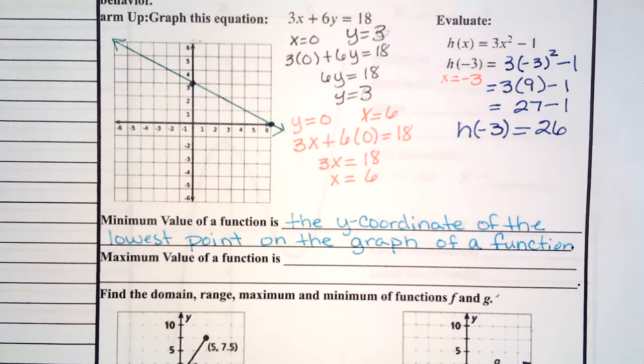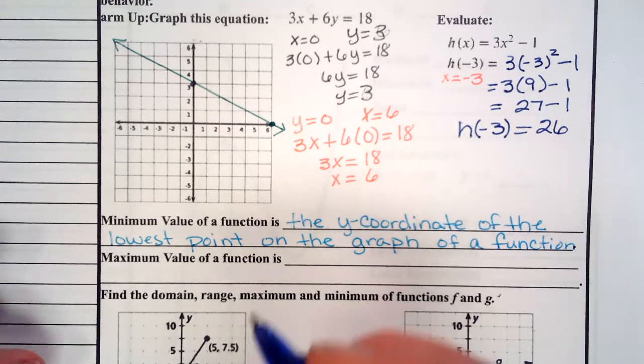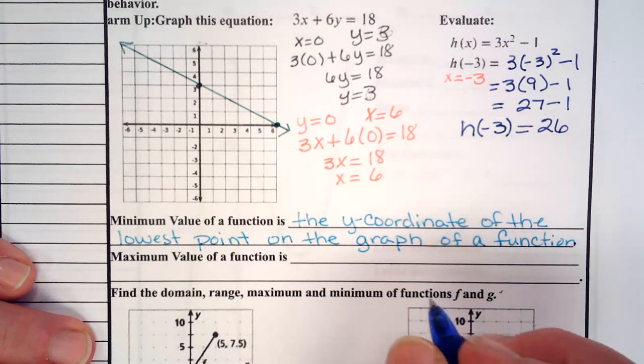Okay, so if the minimum is the lowest point, the maximum has to be the highest point. So it's the y-coordinate of the highest point on the graph of a function.